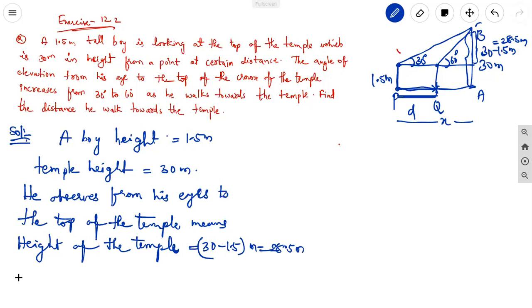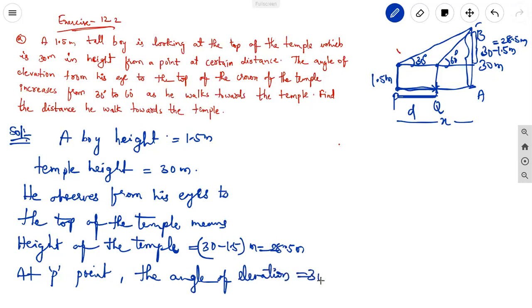Next, at point P, the angle of elevation is 30 degrees. At point Q, the angle of elevation is equal to 60 degrees.